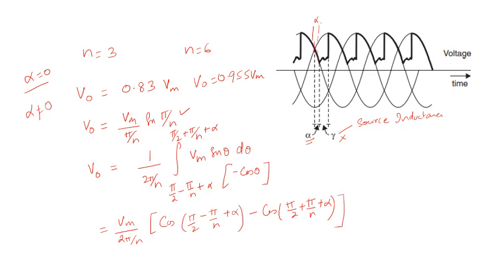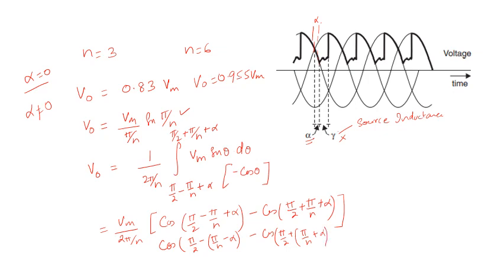Now I will change something. For cos of pi by 2 minus this angle, I can take out the minus sign and write pi by n minus alpha. Here also cos of pi by 2 plus this angle, I can write pi by n plus alpha.